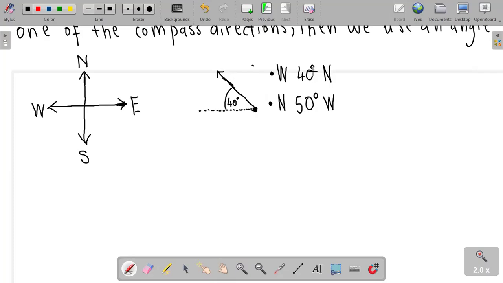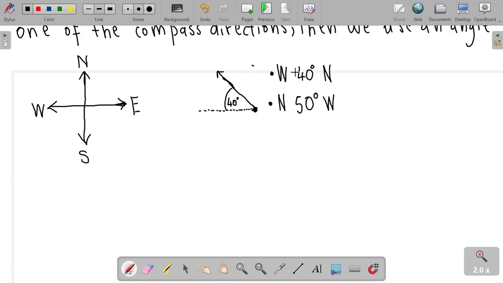If you have a 40 here, you have a 50, and then you can swap the two directions. The west comes this way, and the north comes the other way. If you swap the two directions, then the angle should be new here, but that angle should add up to 90 with the other angle.